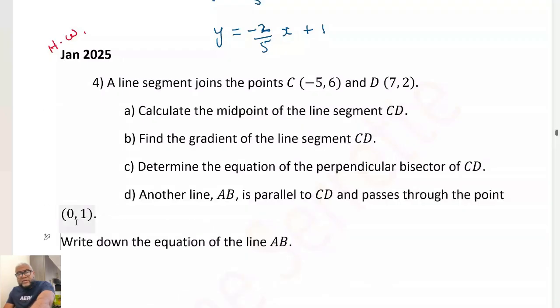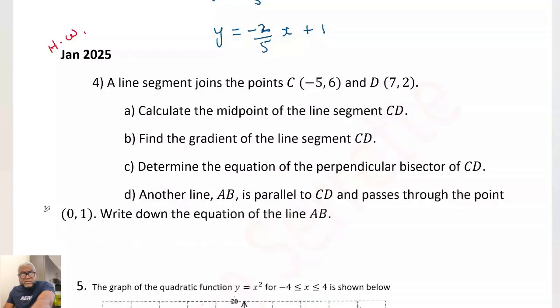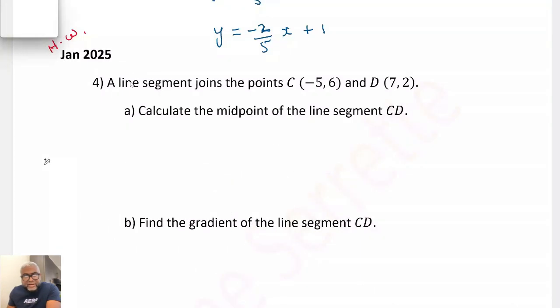All right. So we have a line segment joining the point C, which is (-5, 6), and D, which is (7, 2). Calculate the midpoint of the line segment CD.